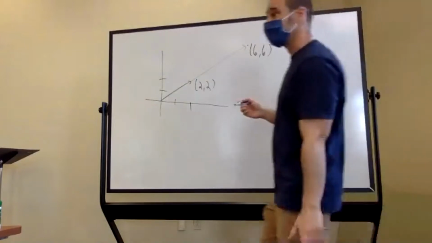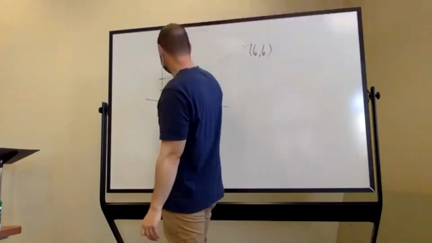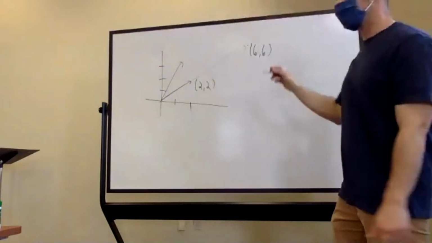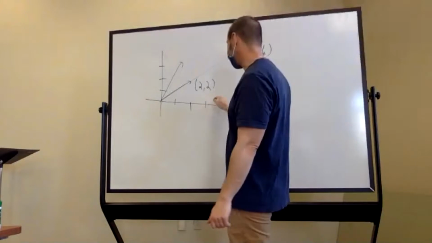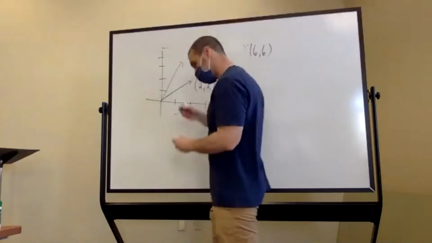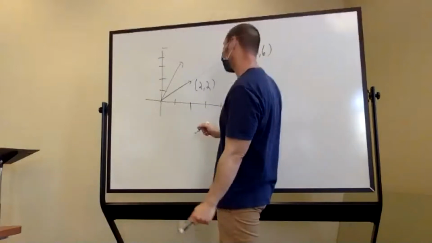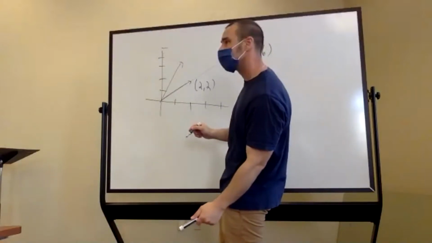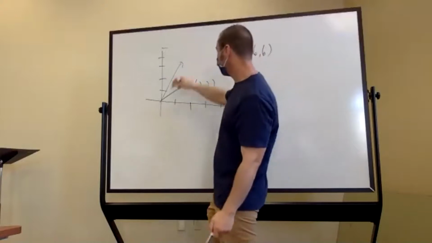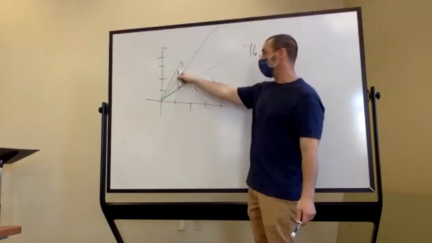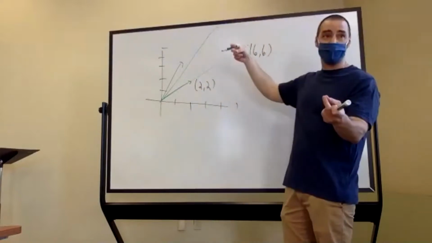In contrast, what about 1, 3? 1, 3 is like this. When the matrix saw 1, 3, it was like, okay, I'll give you 5, 7 back. 5, 7 is, wait, did I say that backward? 1, 2, 3, 4, 5. So it's up here somewhere. So the original black arrow was not just stretched, right?